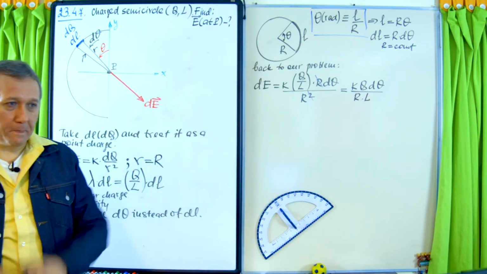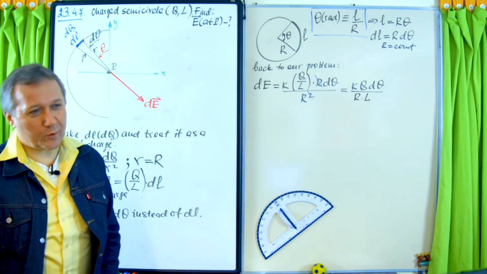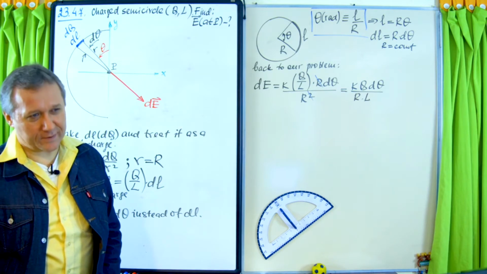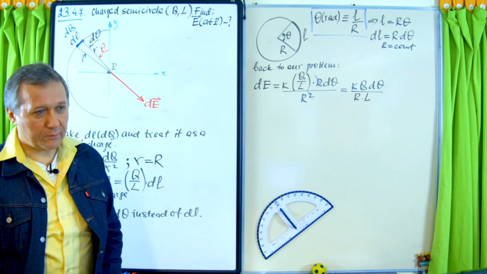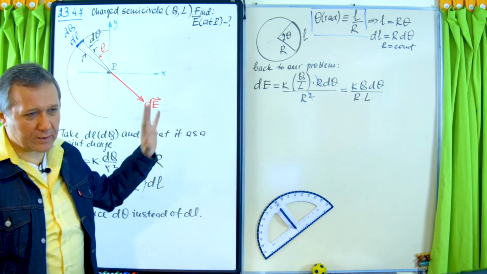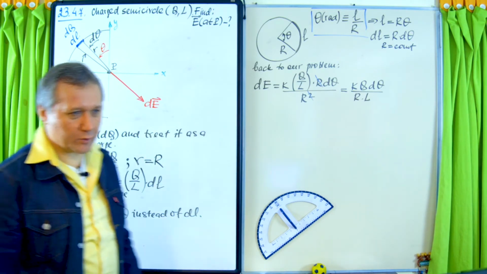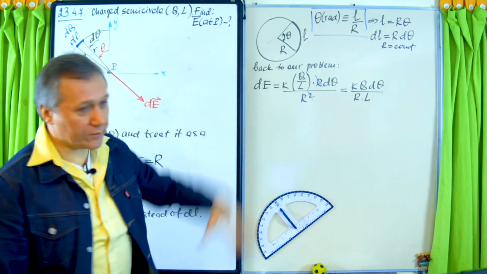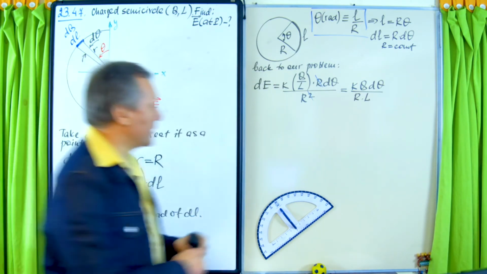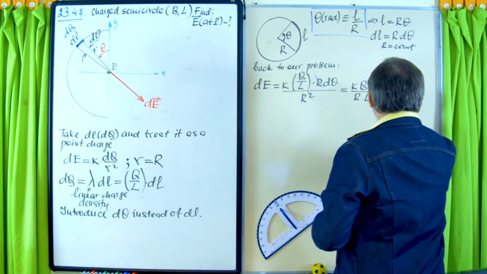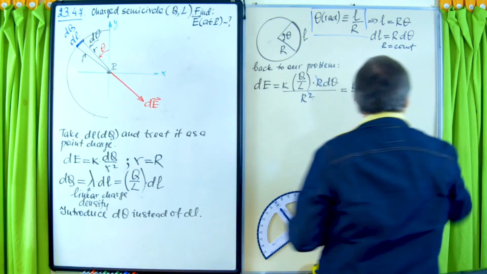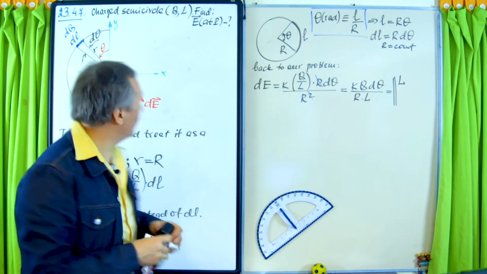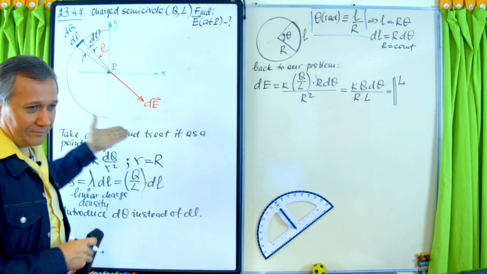Okay. So now, of course, r is not given. L is given. So we need to get rid of r and write it in terms of L. Of course, we could have done it from the very beginning, but I felt like it's better after we went through these transitions. So now let's replace r. L is the length of the semicircle.